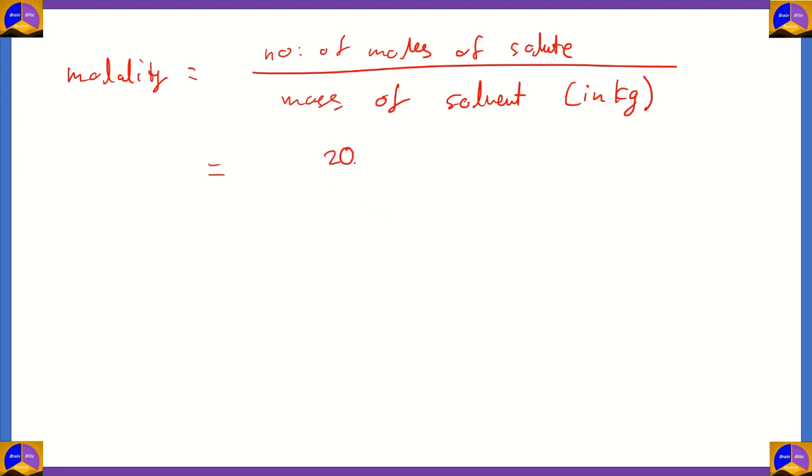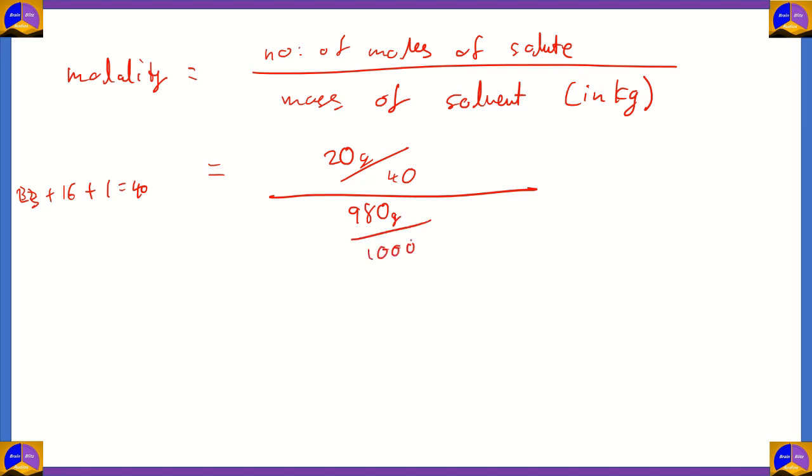So here the given mass is 20 grams divided by the molar mass of NaOH, so that's 23 plus 16 plus 1. 23 plus 1 is 24, plus 16 is 40. So 20 divided by 40, the whole divided by the mass of the solvent, which is 980 grams per thousand, since we have to represent this in kilograms.